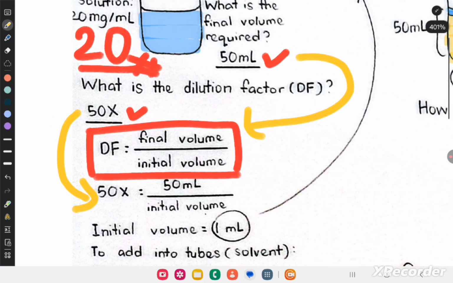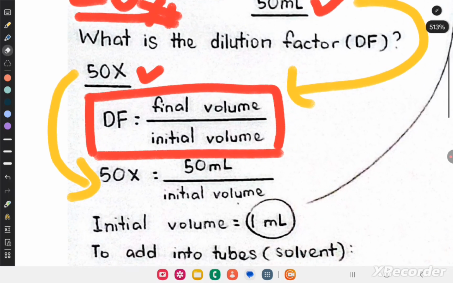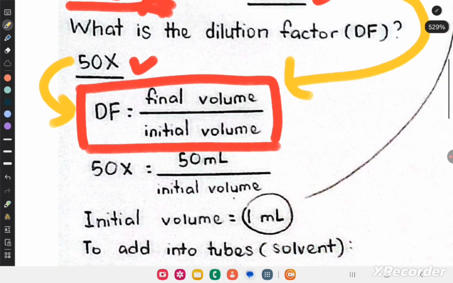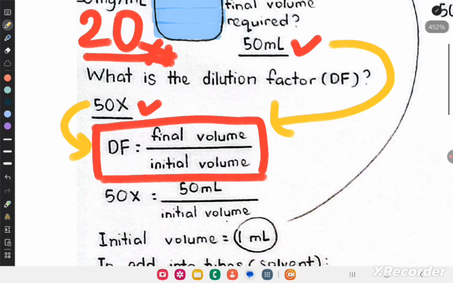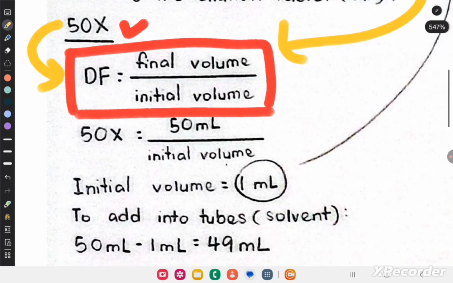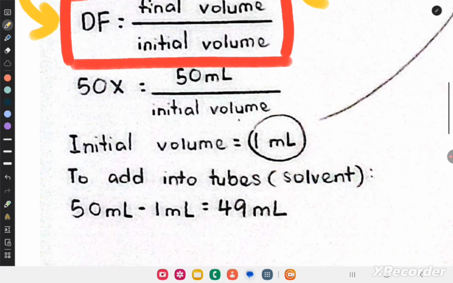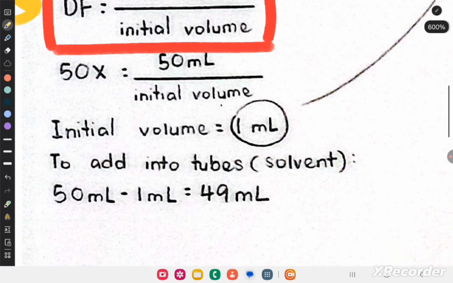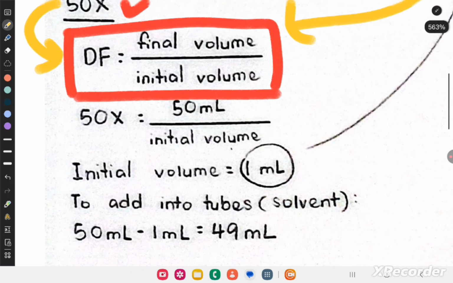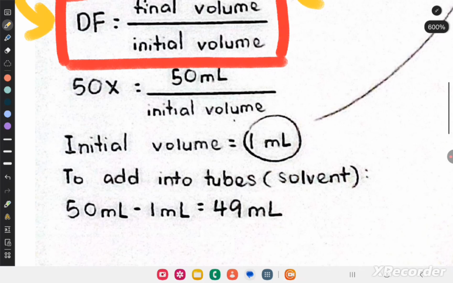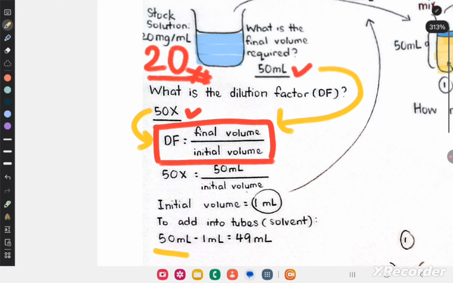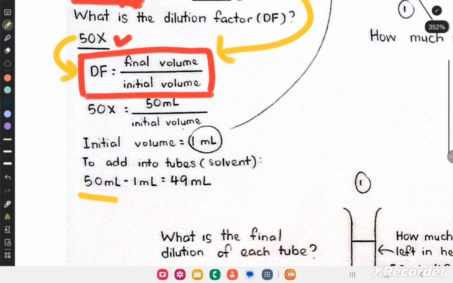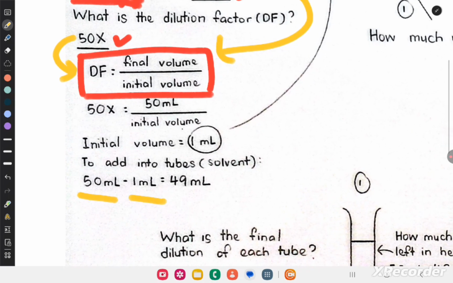So we can substitute these two values into the dilution factor formula, and we get initial volume equals 1 ml. So the solvent we need to add into the tubes is 49 ml, because 50 ml is the final volume, and the 1 ml is the initial volume, which means we take it from the stock solution. So 50 minus 1 ml, we get 49 ml.